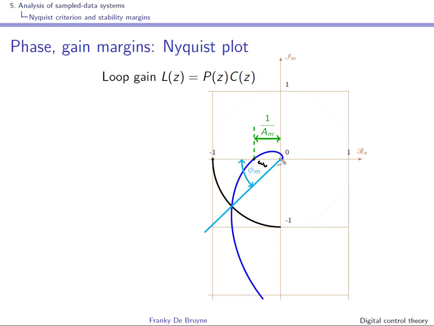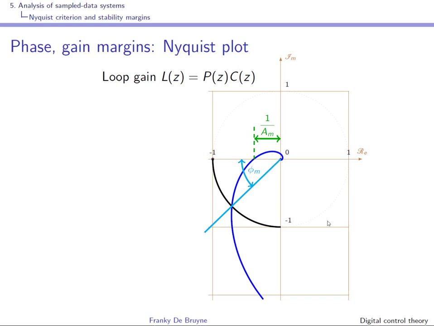So you have some gain margin, and this gain margin is precisely the inverse of this distance over here, and this is how you read the gain margin in the Nyquist plot.